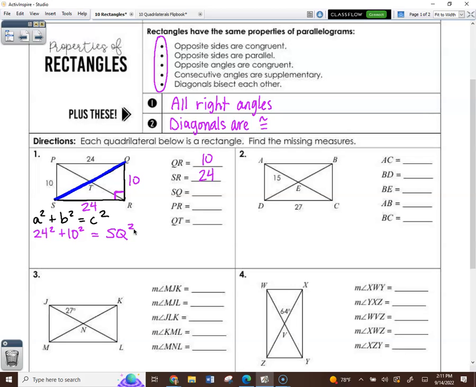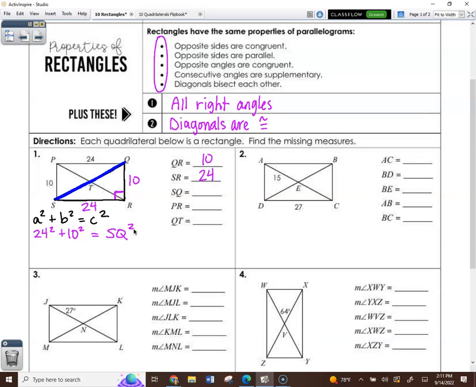Okay, go to your calculator and type 24 squared plus 10 squared. And it is going to be a large number that you're not familiar with. Now remember, if something's squared, we want to square root. Your calculator has a square root feature.